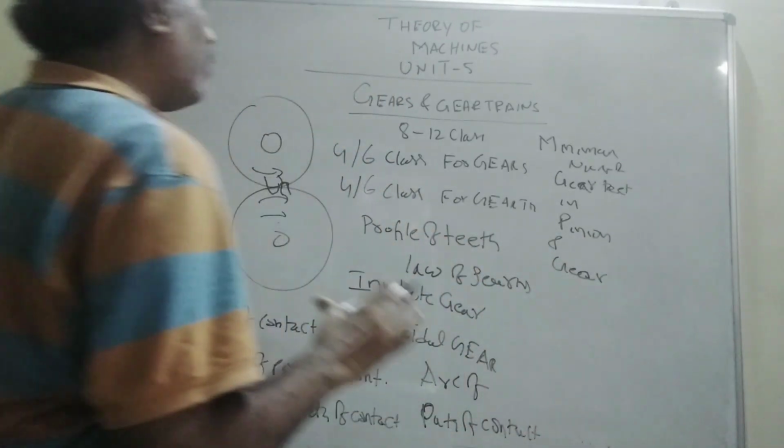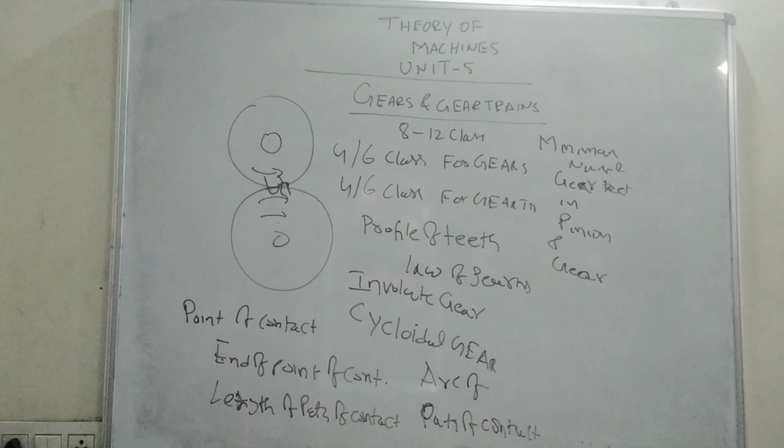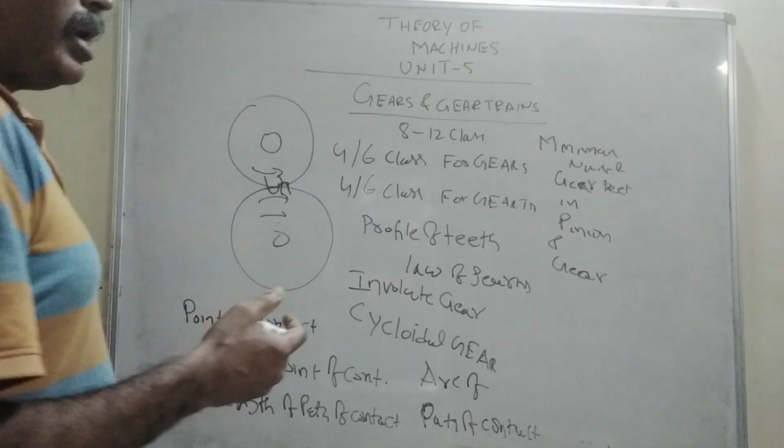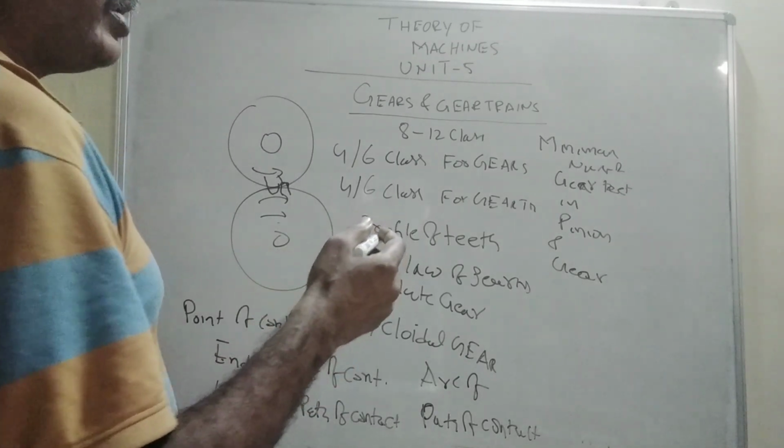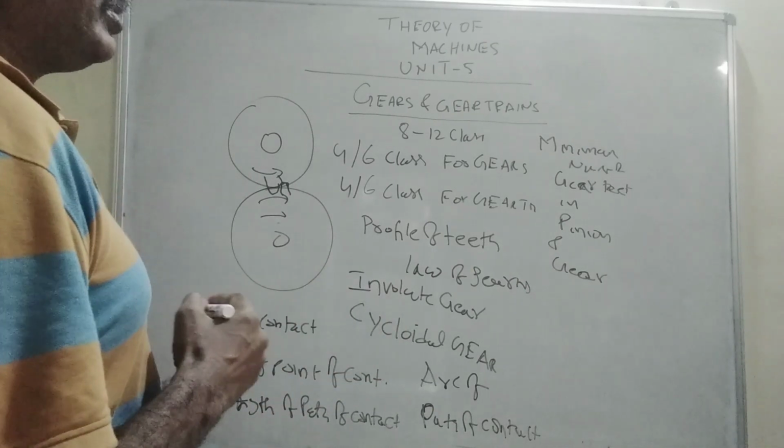The pinion will be of smaller dimension and the gear of larger dimension. The pinion will have higher angular velocity, and the gear somewhat lower angular velocity.